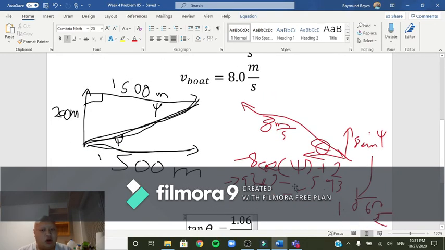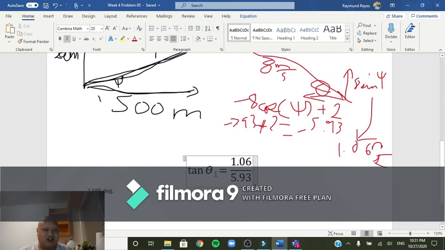Now, remember these two components are vertical and horizontal. It's not the hypotenuse. So that would mean we have to use tangent theta, and tangent theta will equal the y component divided by the x component, since the y component will always be the opposite, since the whole problem is relative to the x-axis.